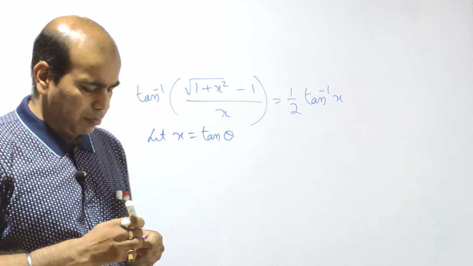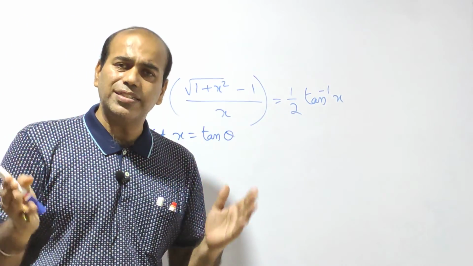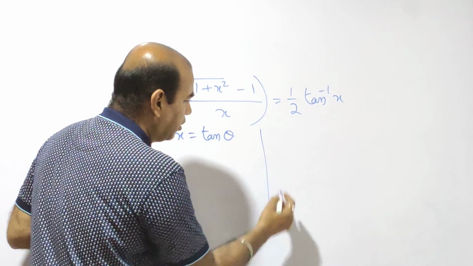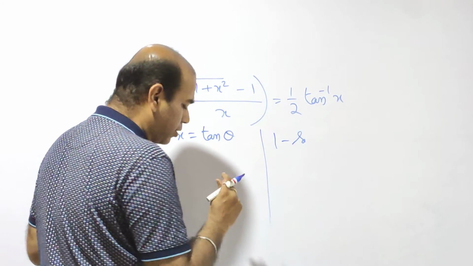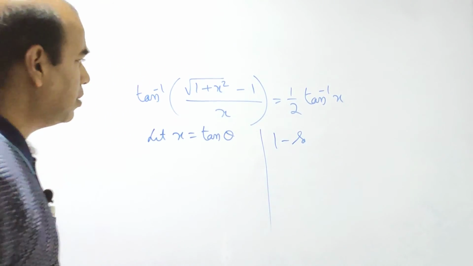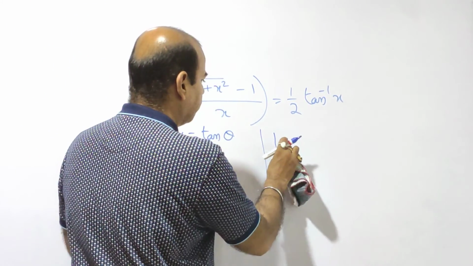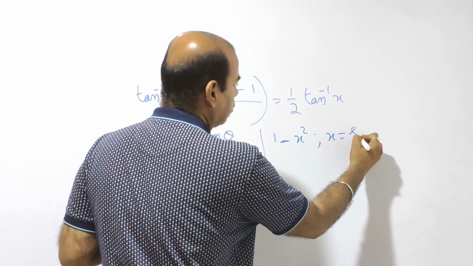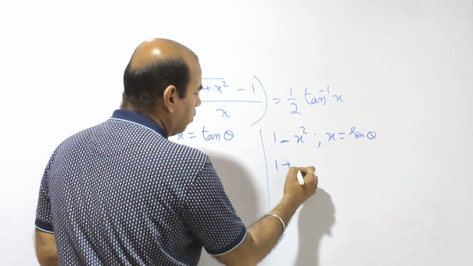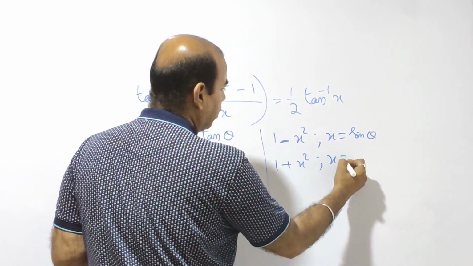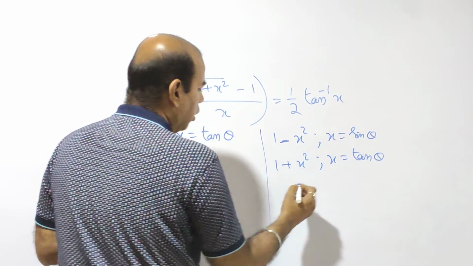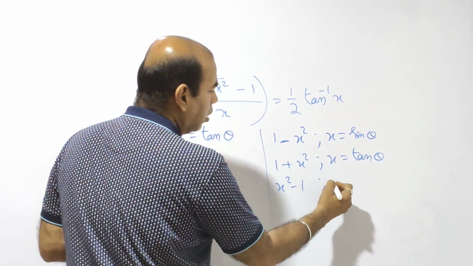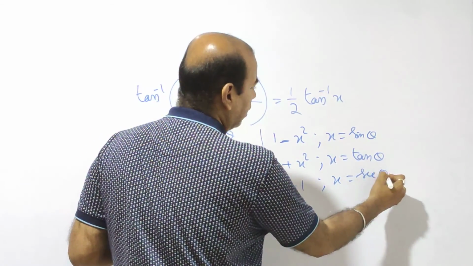Keep in mind something. If you have 1 minus x square, I will take x equals sine theta. If I have 1 plus x square, I will substitute x equals tan theta. If I have x square minus 1, I will put x equal to sec theta.